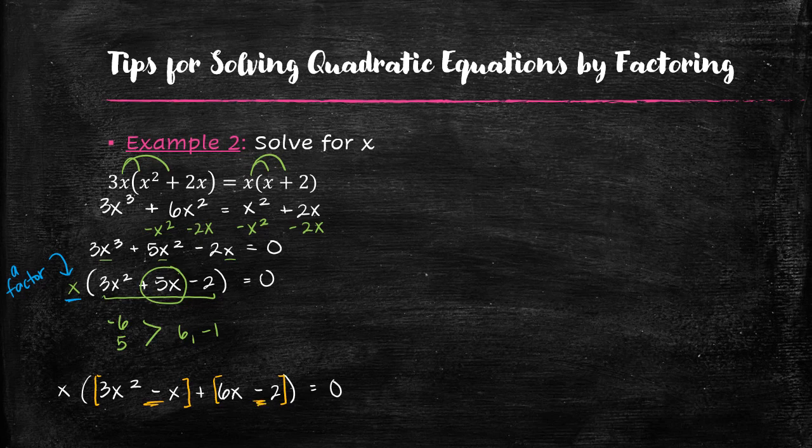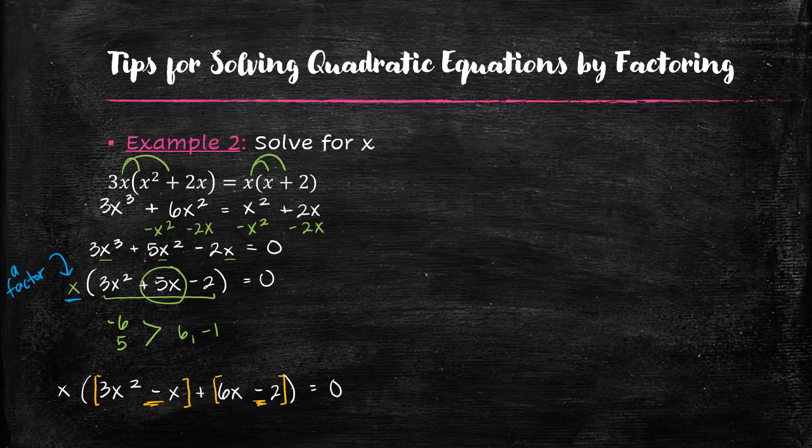If I had not switched the order of those two terms, I would have one of these groups have a plus sign between the two terms and one have a minus sign. So there would be some extra work involved. I recommend when one of your terms that you're using to break apart the middle is negative and one is positive, try to get your groups to kind of match up in terms of these signs like we have here. And that's one way to keep things a little bit simpler.